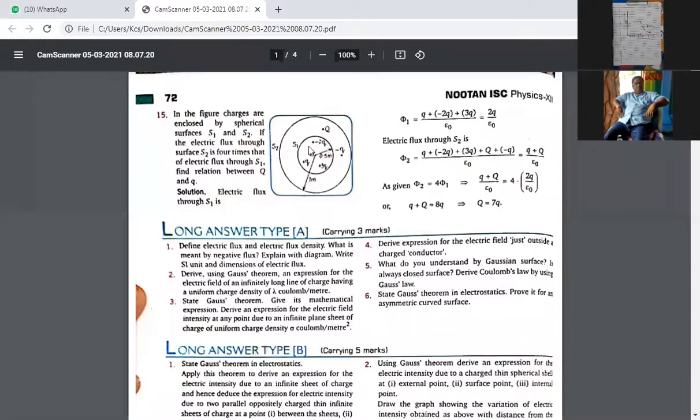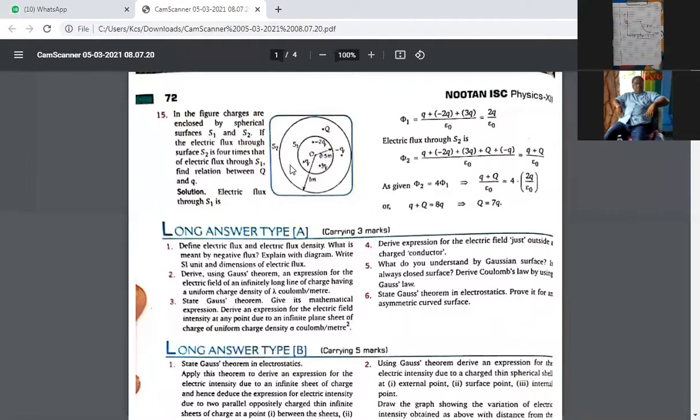So all of you see and tell me how much charge is enclosed by the surface S1. Surface S1 कितना charge enclosed कर रहा है? So inside the surface S1 there is Q, 3Q and minus 2Q. Is it clear?